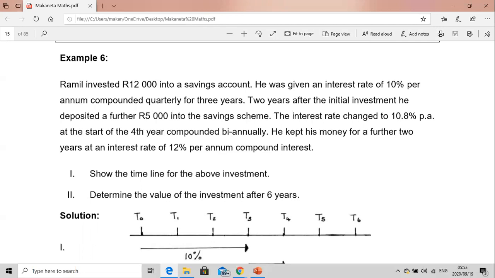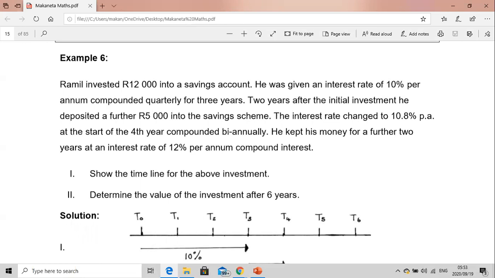So we need to be able to interpret these different concepts of biannually, quarterly, and so on. So quarterly simply means it's 4 times a year. So if it's 3 years, then it means you multiply that by 3. Biannually simply means 2 times a year.